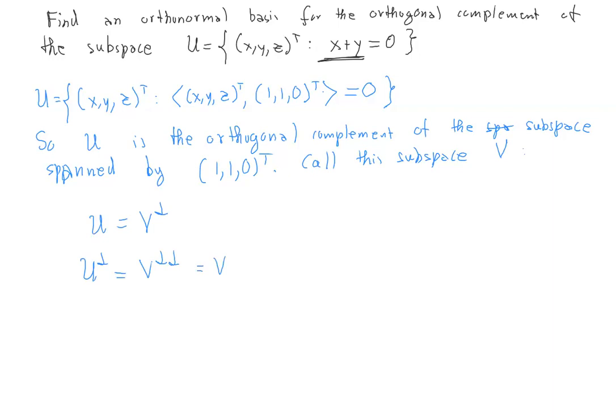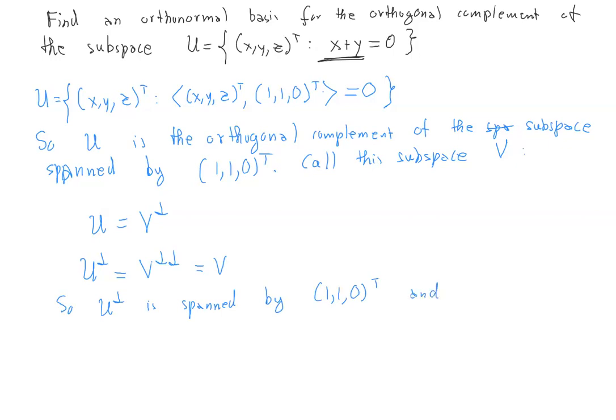It's the subspace itself. Okay, so that tells you that the orthogonal complement of U is spanned by 1, 1, 0. And so to find an orthonormal basis, all you need to do is normalize this, which is a 6th grade exercise.